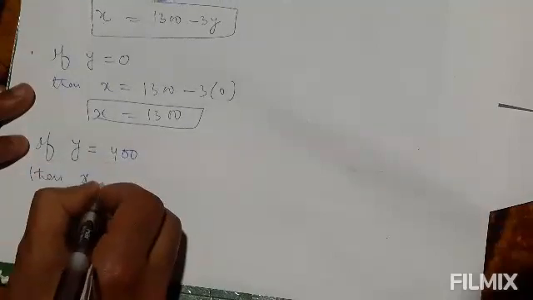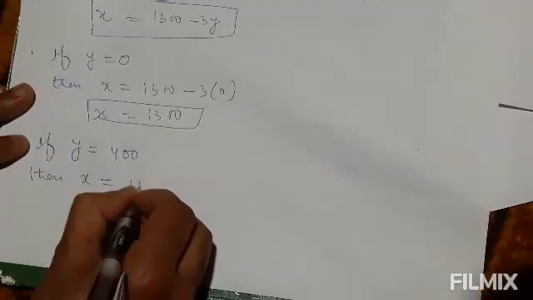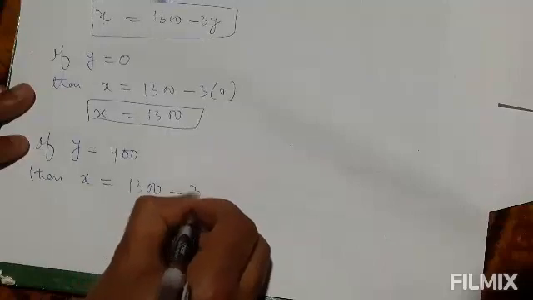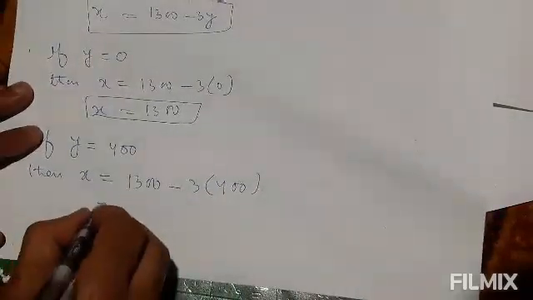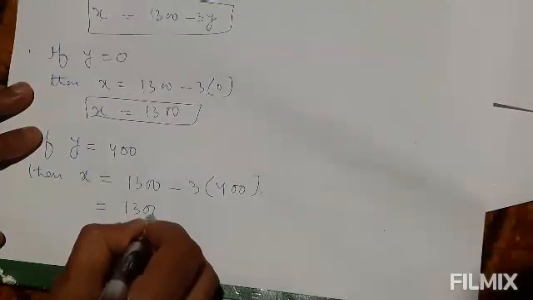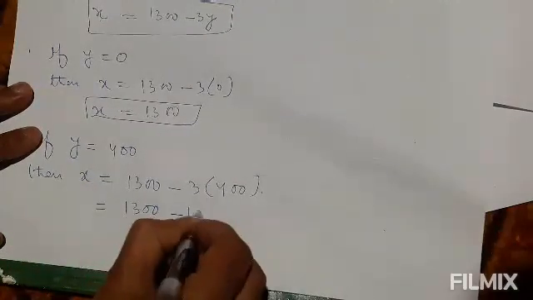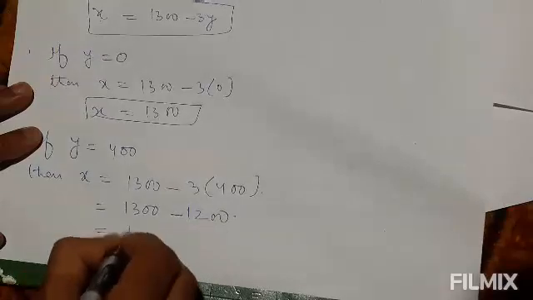If y is equal to 400, then x is equal to 1300 minus 3 into 400, it is 1300 minus 1200, it's 100.